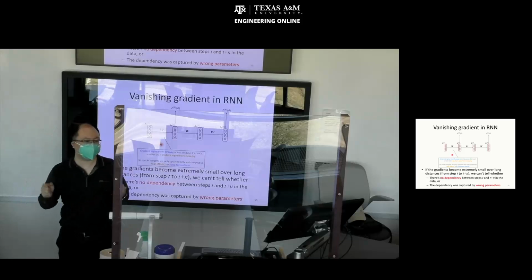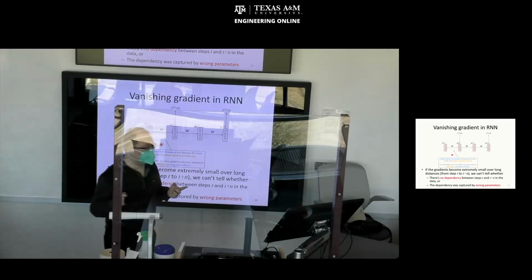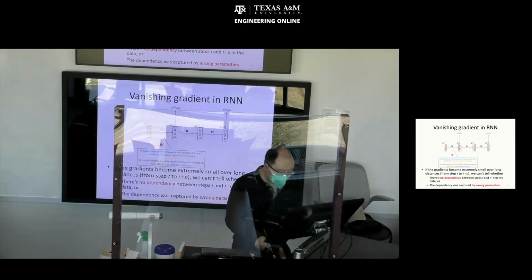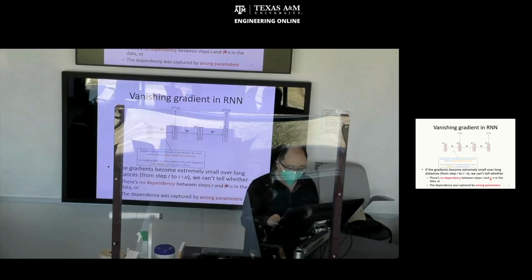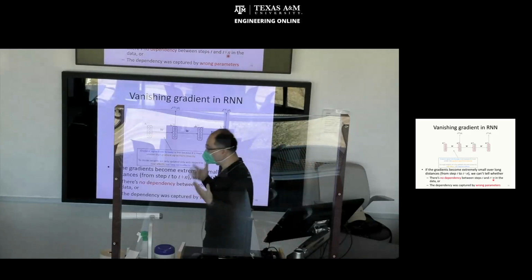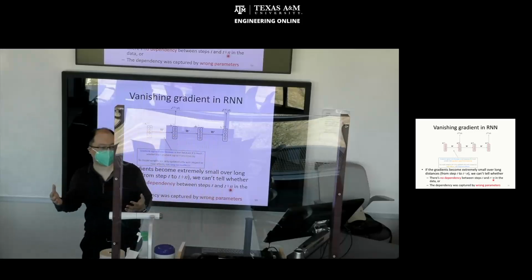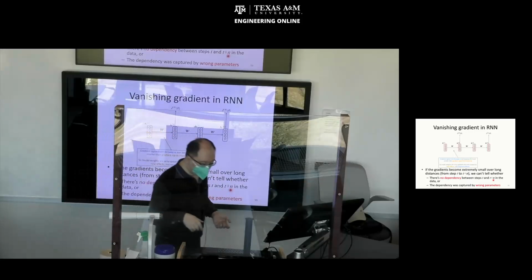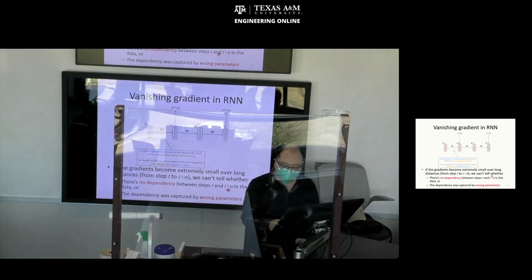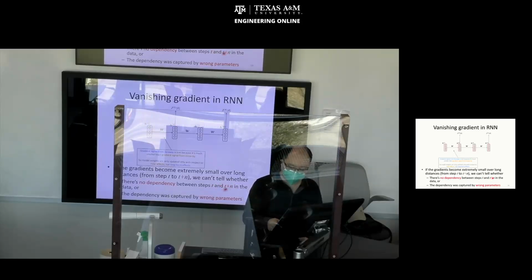It's supposed to be small because there is indeed no dependency between steps t and t plus n when n is large, for instance. There isn't much information back from t plus n to t. There is no dependency.